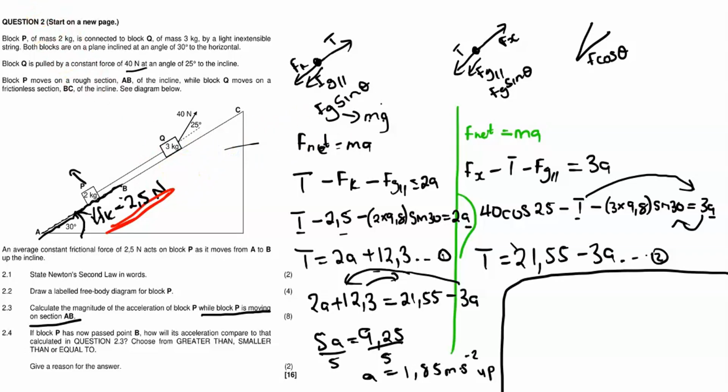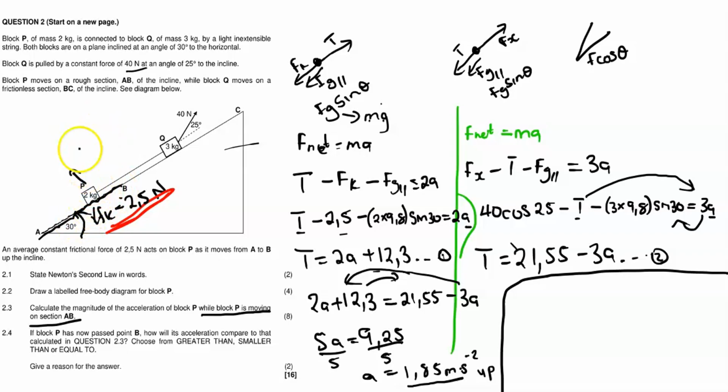And now we go and do 2.4. If block P has now passed point B, how will its acceleration compare to that calculated in 2.3? Choose from greater than, smaller than, or equal to. So we want to know what will happen to this acceleration if now this block no longer has the friction.